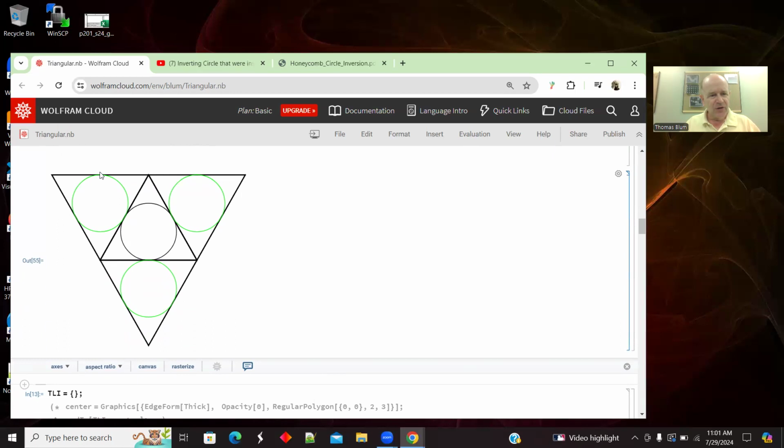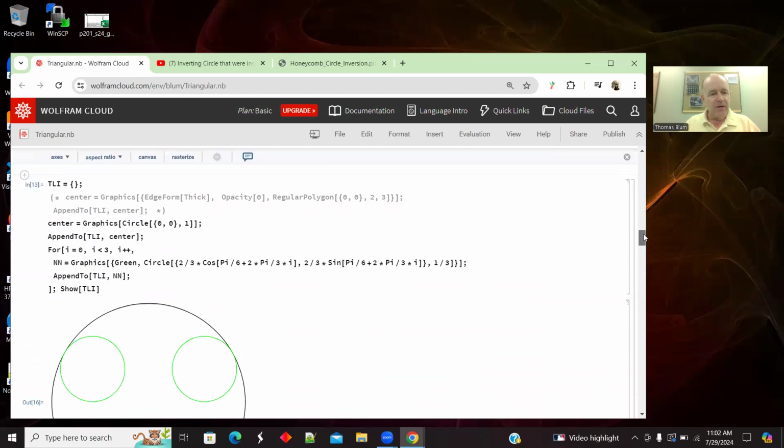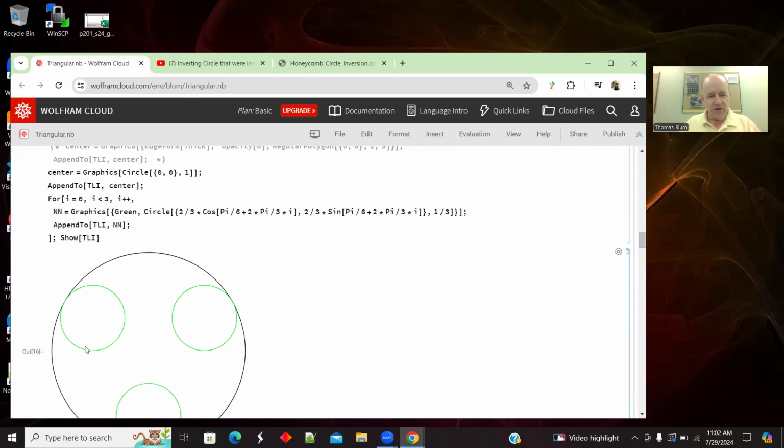And then I have these green ones around it, and they're going to touch the black circle, because as this outer circle becomes an inner circle, this point on the edge that they share will map to itself. So these circles are going to come in. And so here they are down here.